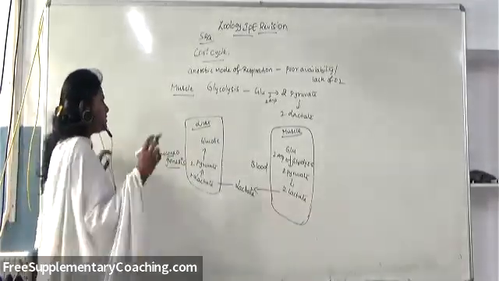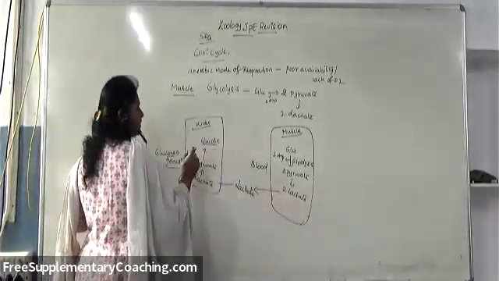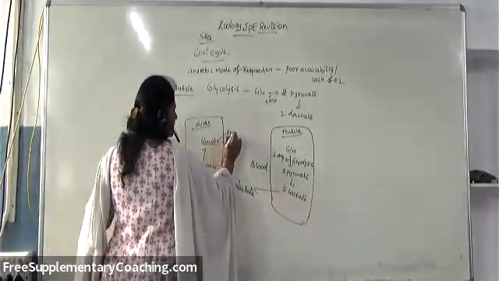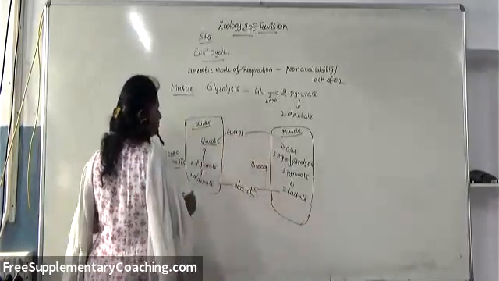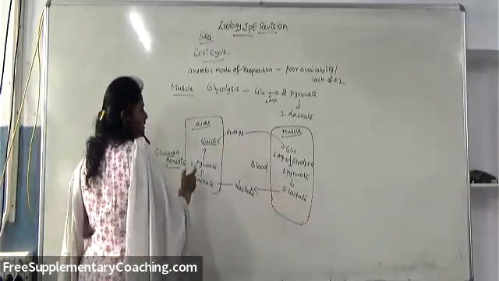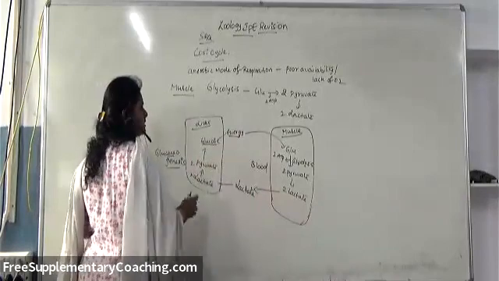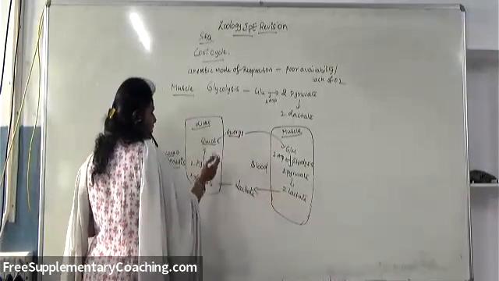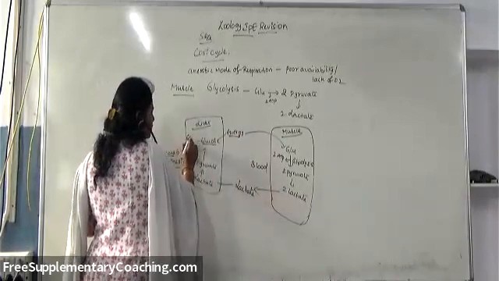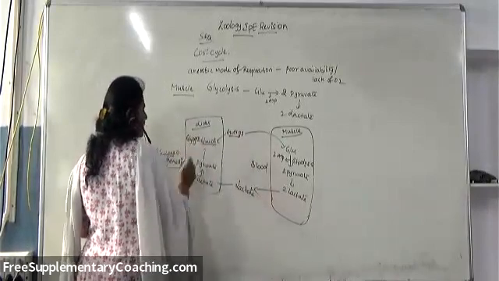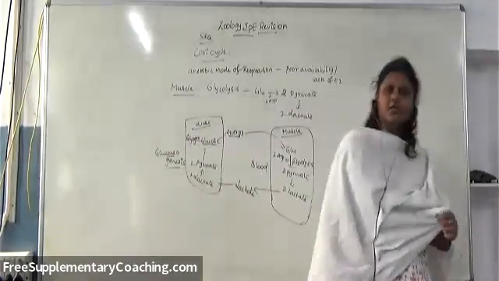Whatever glucose is now formed will be used either for energy production by entering into the muscle, providing energy, or otherwise the glucose is extra. Then that extra glucose would be converted into what? It would be converted into glycogen and stored in the liver. So the glucose formed has two fates.